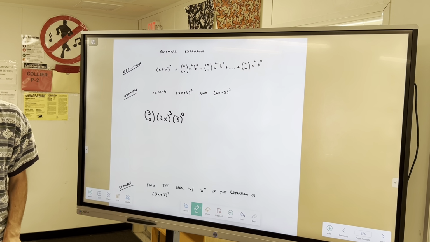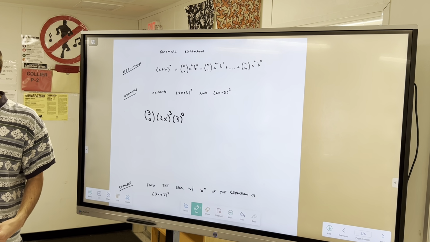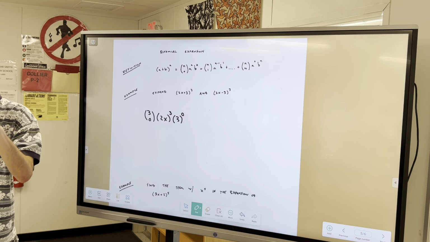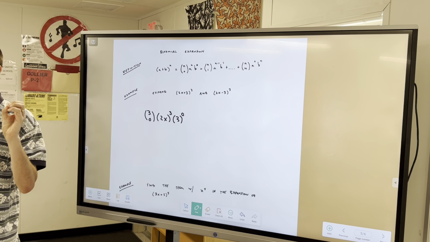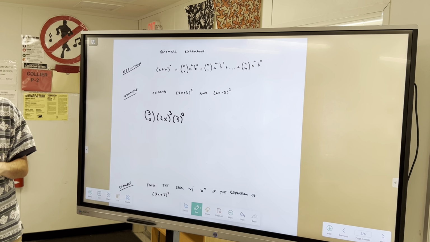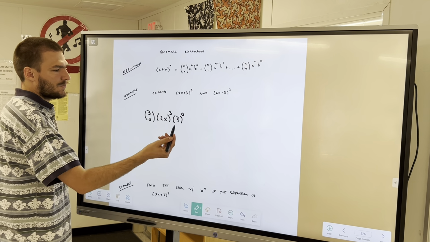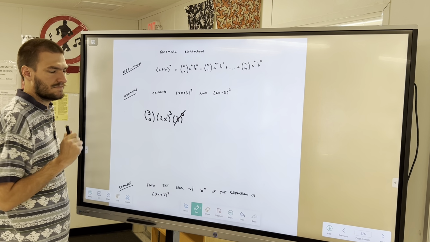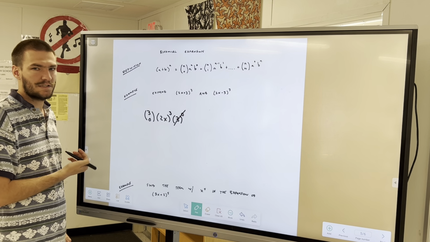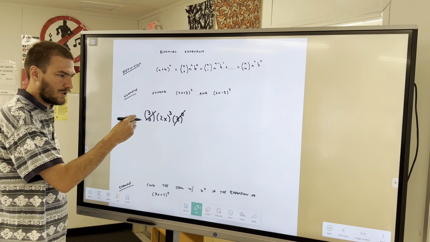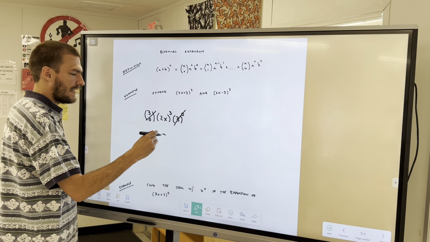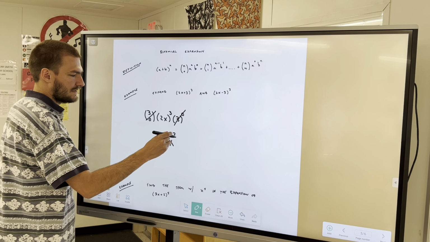Now the first time you see that, it looks a little crazy, but it's the same thing, right? It's just that you have 3 a's and 0 b's. I know, it's a whole bunch of stuff, but in reality, anything to the power 0 is just 1, it's just going to go away, and 3 choose 0 is just 1, it's going to go away too. And so for this very first term, we have 8x cubed.